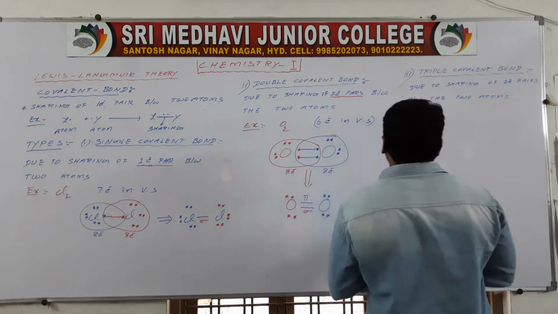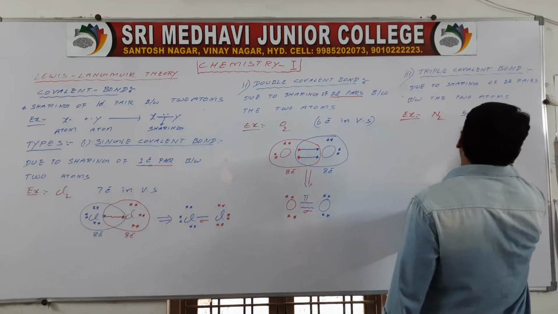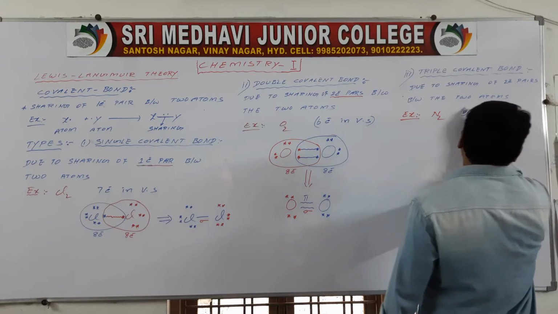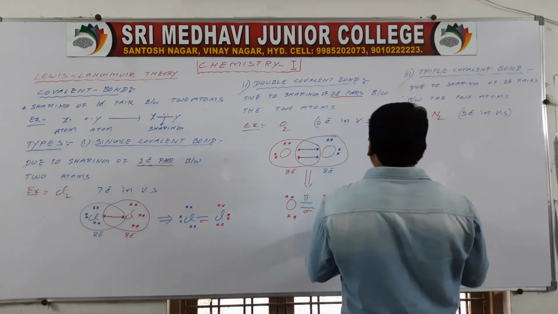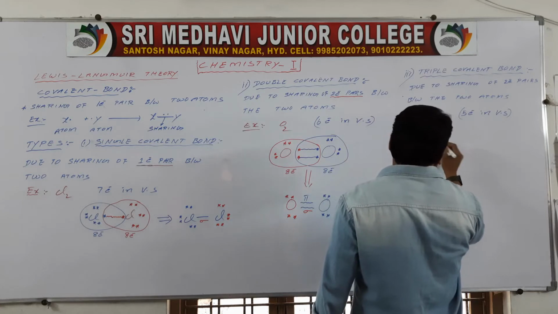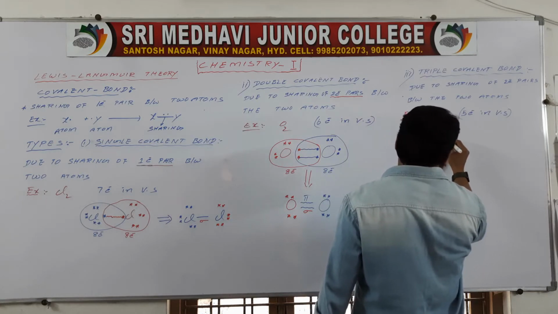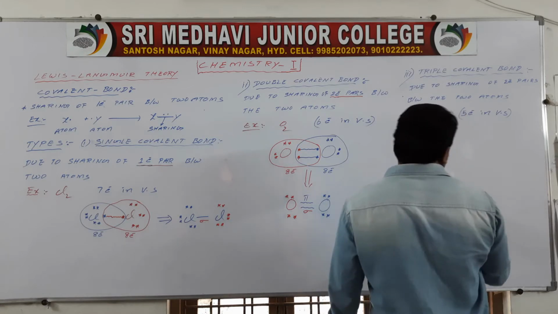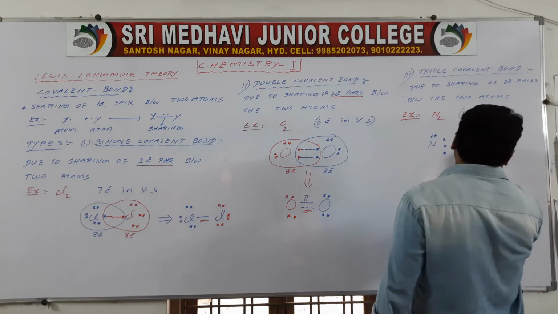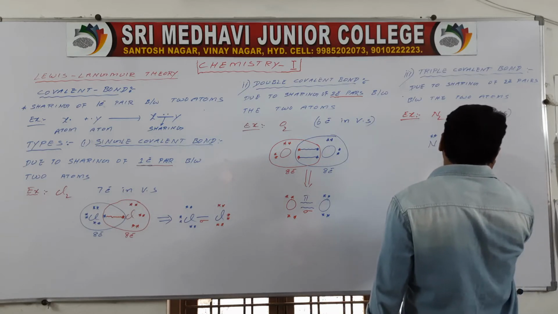Okay, so example, nitrogen. How many electrons? 5 electrons in valency shell. So nitrogen having 5 electrons, and then one more nitrogen I am taking here, which has 5 electrons.